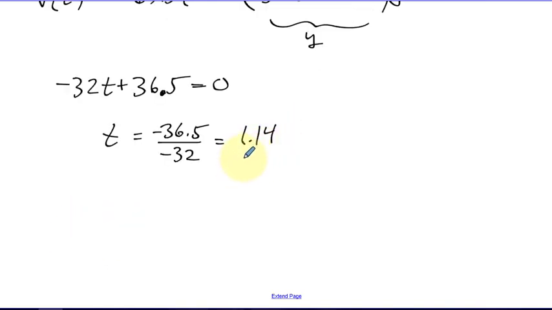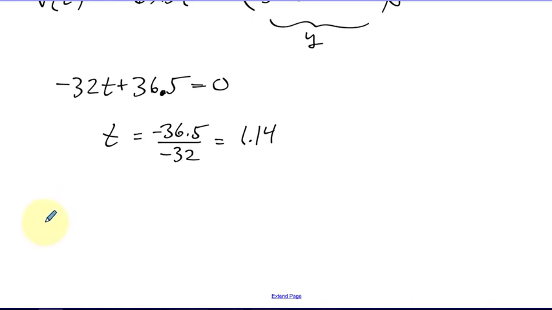That is not necessarily going to be halfway to the time when it hits the ground, because this projectile did not leave from the ground. So the time when it reaches its highest point is at 1.14 seconds. And so what we want to know now is what is that maximum height.